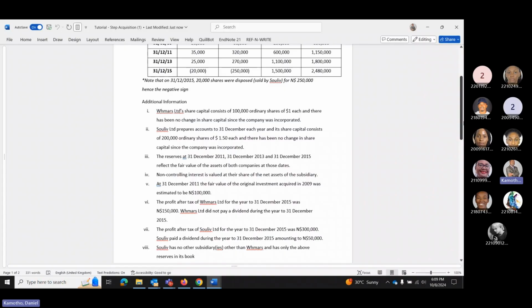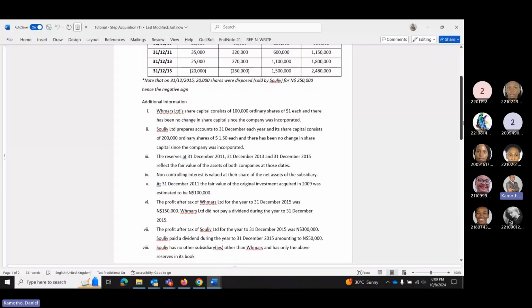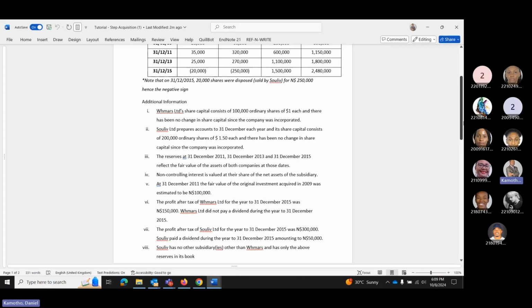Then the investor prepares accounts on 31st December each year, and its share capital consists of 200,000 ordinary shares of $1.50. So that tells you the ordinary share capital, as far as they are concerned, is 200,000 times 1.5. So if you look at the statement of financial position, you expect to see their ordinary share capital reflected as 300,000. And there has been no change in shares since the company was incorporated.